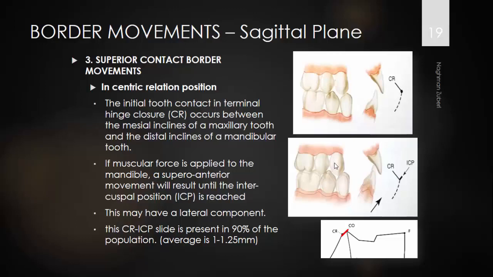This may have a lateral component. This shift from centric relation to intercuspal position, or that slide, is present in almost 90% of the population, and average distance it covers is 1 to 1.25 millimeter, like this.